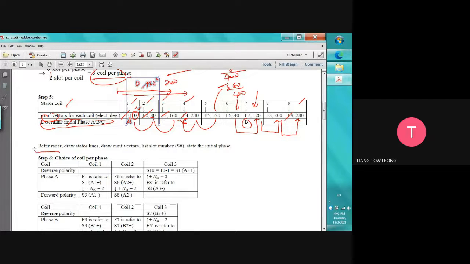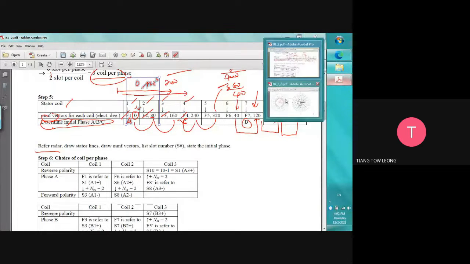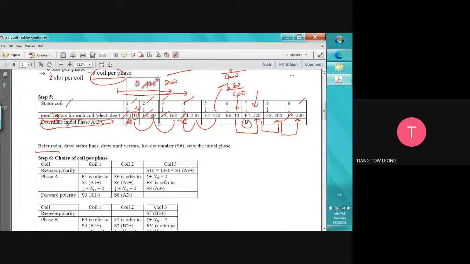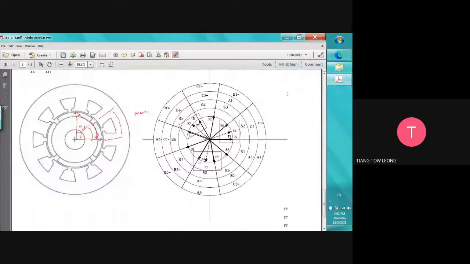Next, we go to refer to the radar. So we need to draw the radar. Assume all values are not there, all writing is not here. So first of all, what we need to do? We need to draw the stator line. So this is a stator line.